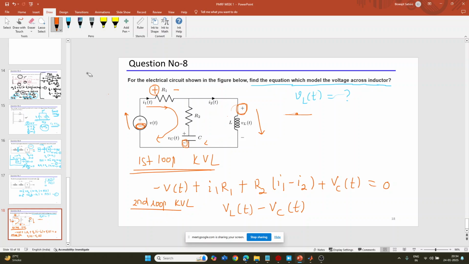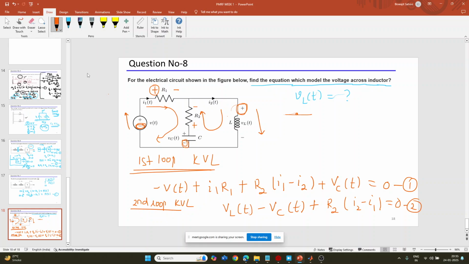Again, whenever the current is flowing in this resistor R2 in the upward direction, always remember that whenever current flows through a passive element from positive to negative, the terminals have to be positive to negative, because current has to always flow from positive to negative. So now write down the equation: plus R2 into (I2 minus I1) equals 0. This is equation number 1, this is equation number 2.